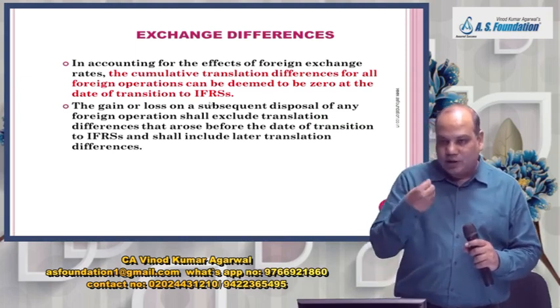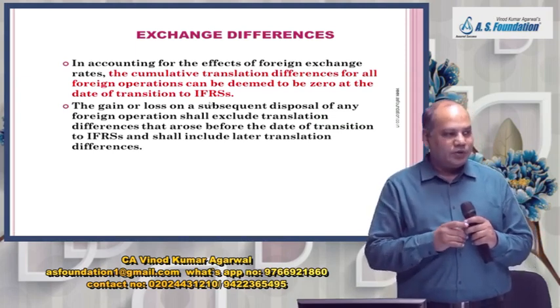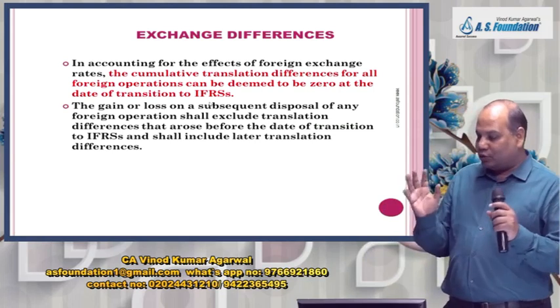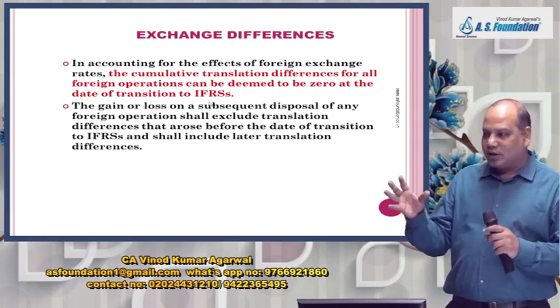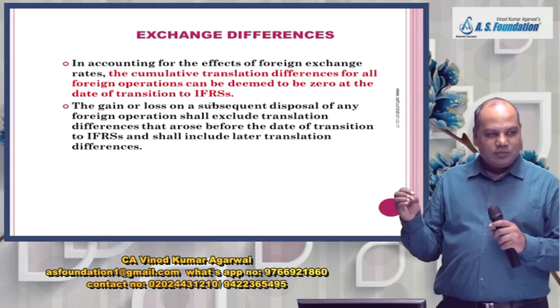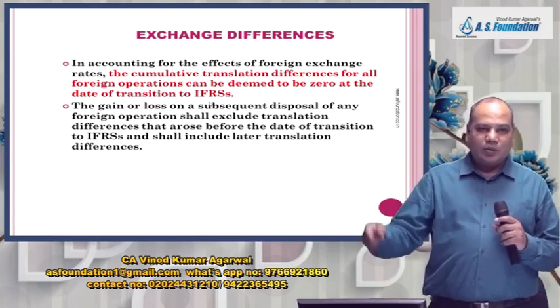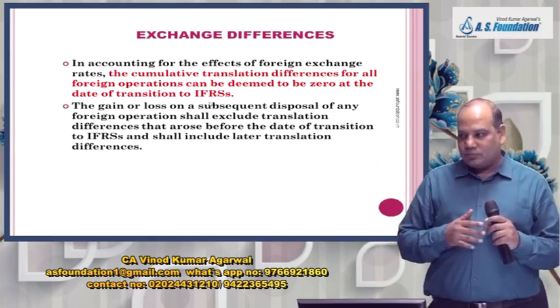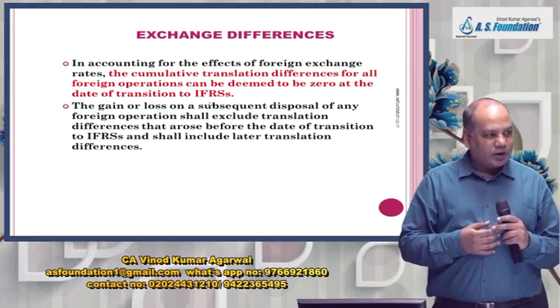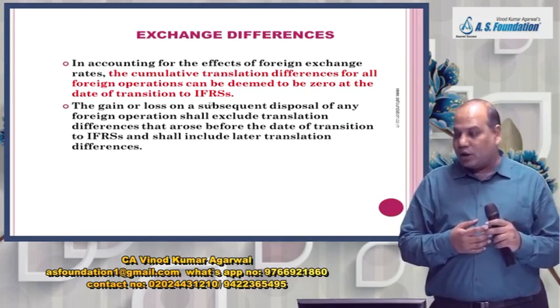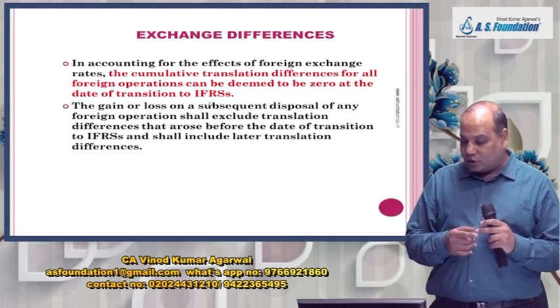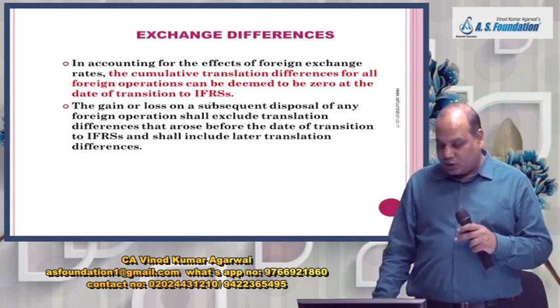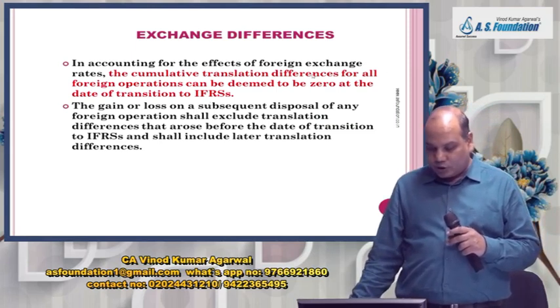Suppose you have some carry forward foreign exchange difference which you have accumulated in some foreign currency translation reserve, etc. On the date of transition, make it 0. Of course, the second effect will go to retained earning, but you will not carry forward any translation difference in opening balance sheet with respect to foreign operations.